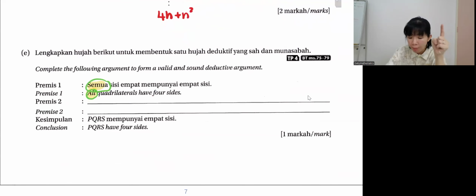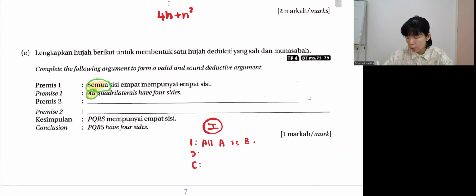Yes, remember the format. Okay, write it down. For type number 1, the format is always all A is B. Premise 2 and conclusion always start with the same thing, C. Must be exactly the same thing, C. C is A. And then C is B. The sequence, the format is always like this.